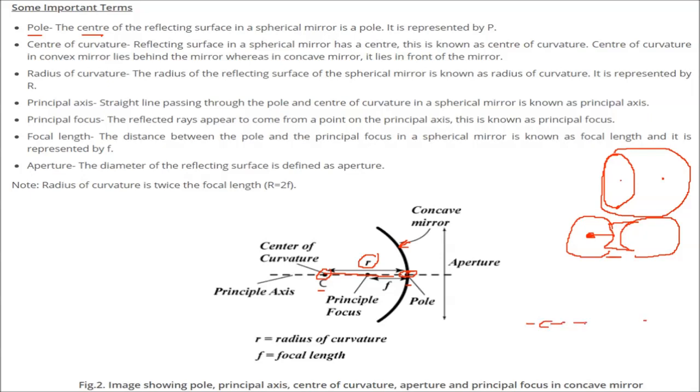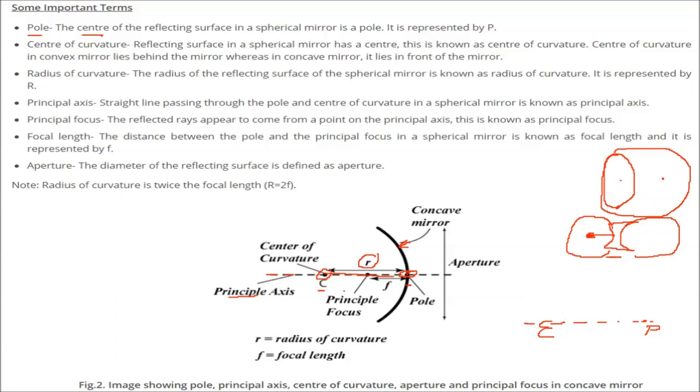This line, for both concave and convex spherical mirrors, is known as the principal axis. Here, this dotted black line is called the principal axis.